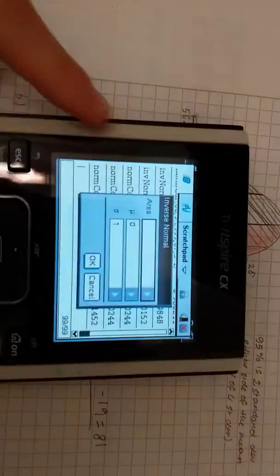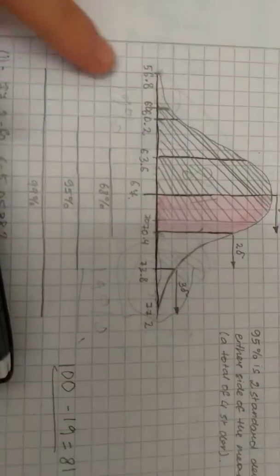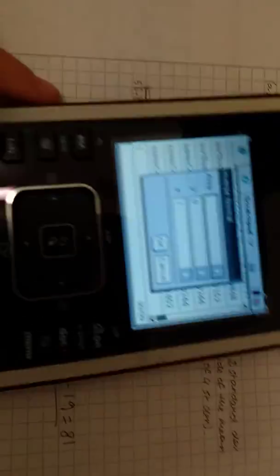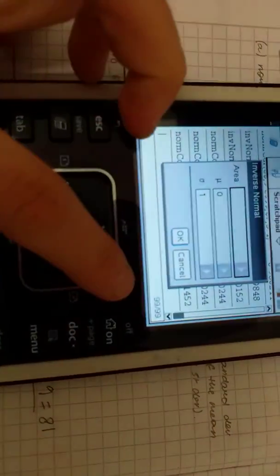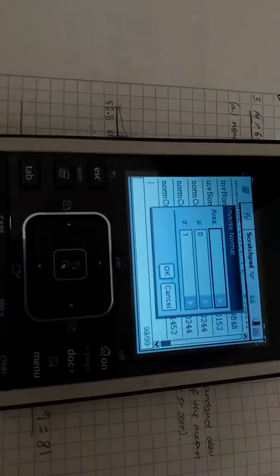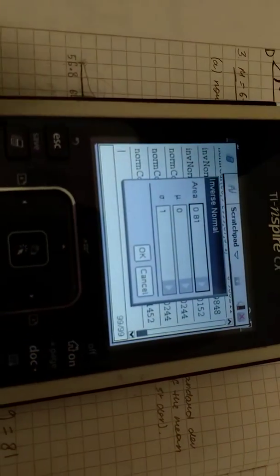We don't write 81 here because, as we remember, the probability under this bell curve is 1. So even the answers that were given here were given in the form of 0.98, as in that's the probability, and you had to calculate the percentage yourself. So that's why we put 0.81. That's the probability, right?